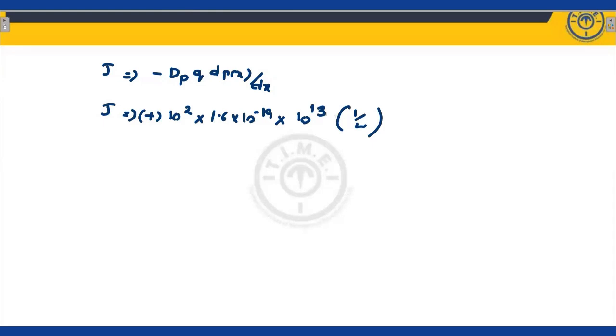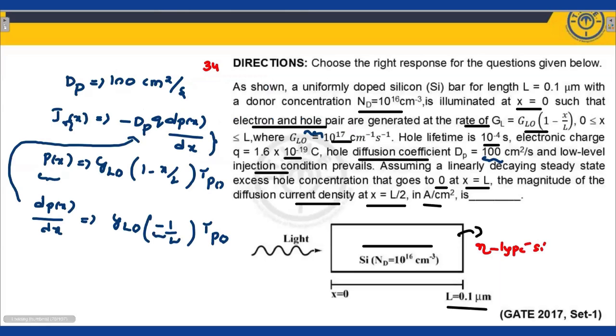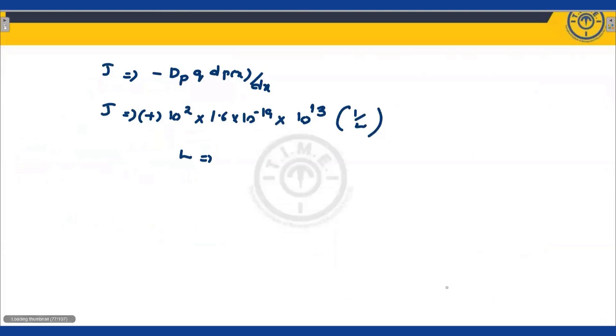Here he is asking, already given the value of L also. L is at 1, that is L by X is L by 2. So what happens, my dear students? Very, very important, L is equal to 0.1 micrometer. Then L becomes 10 power minus 5 centimeters.